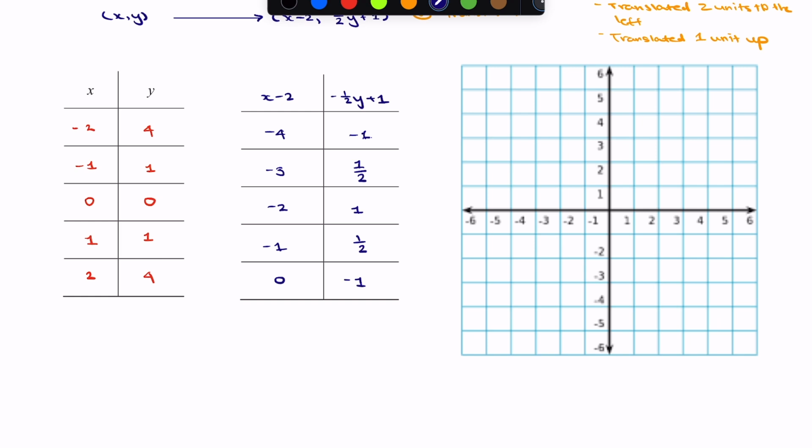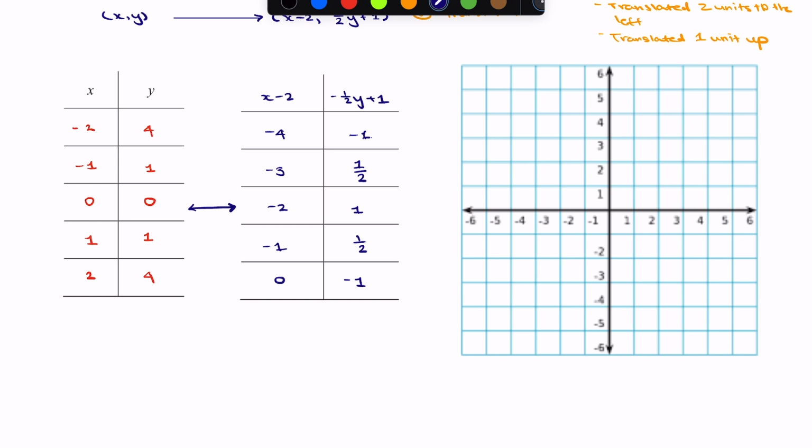Again, one unique feature of quadratics is that they are symmetrical on both sides of the vertex. So here we see that our vertex from our parent function was 0, 0, and when we look at our transform function, our vertex will be -2 and 1.